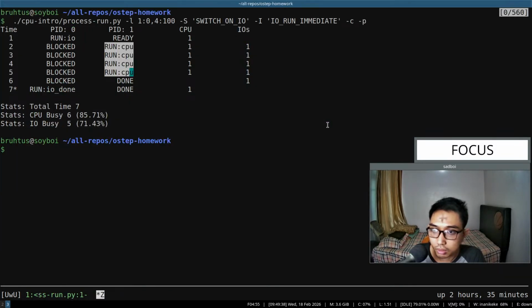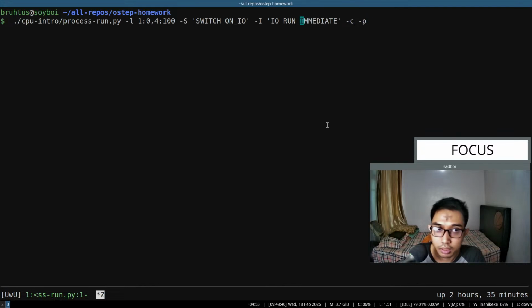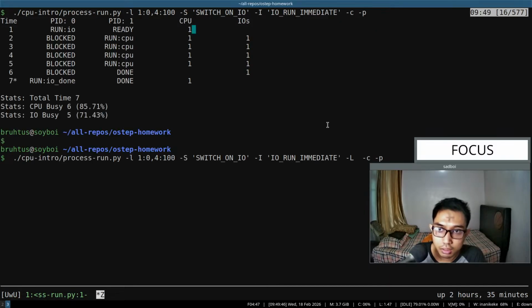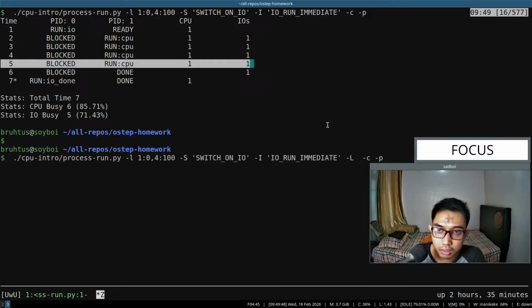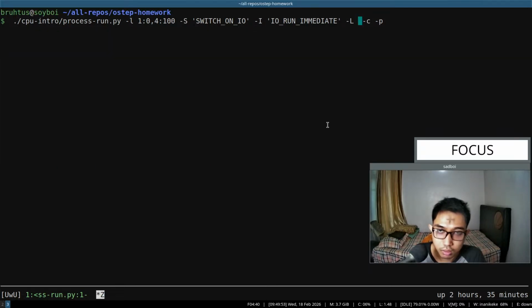So okay, let me provide that, this one. What happens when we are exactly 4, the same as this CPU process?